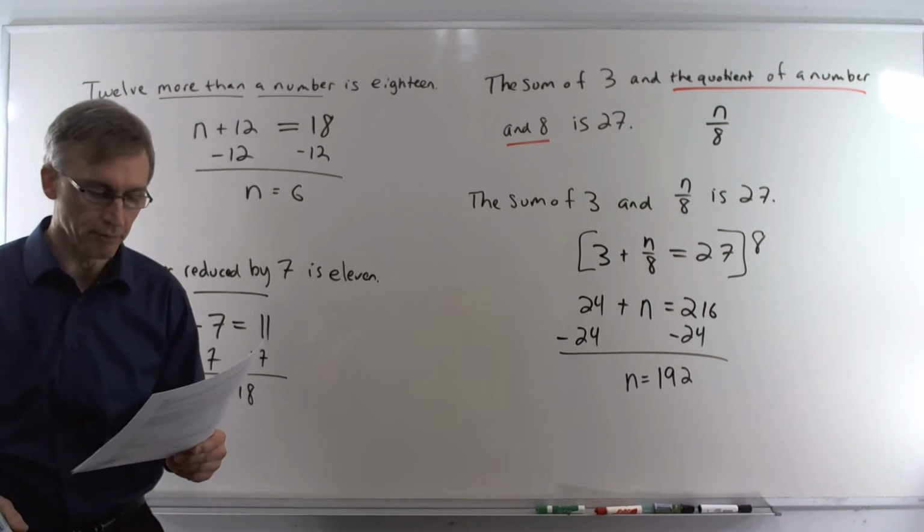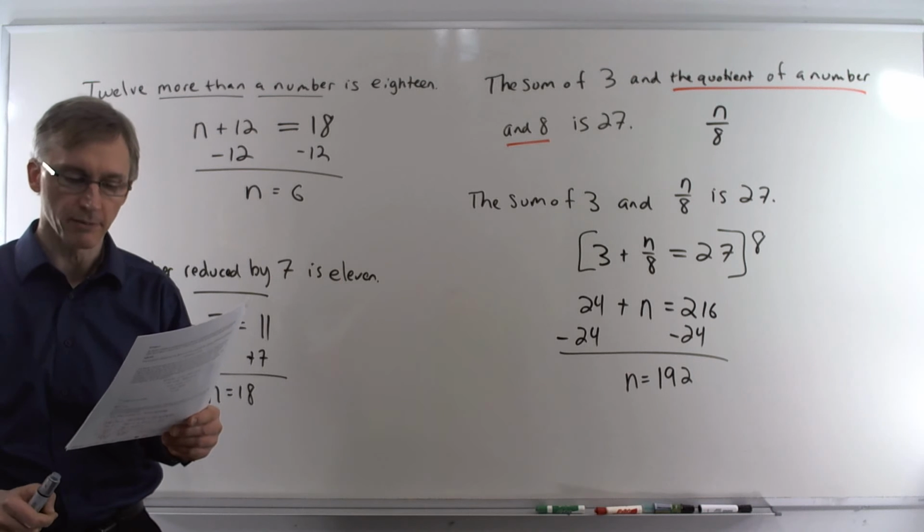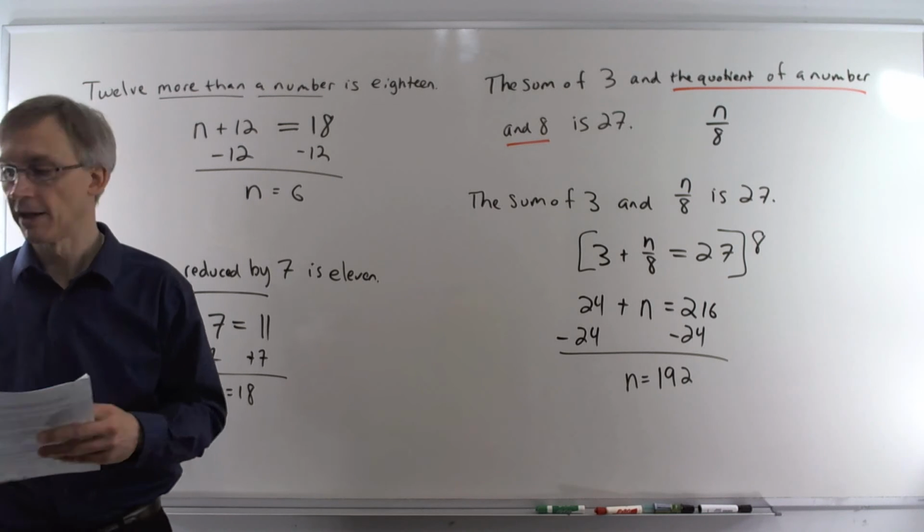Next up, we're going to translate "the product of 4 and the sum of twice a number and 5 is 60," and then solve it.